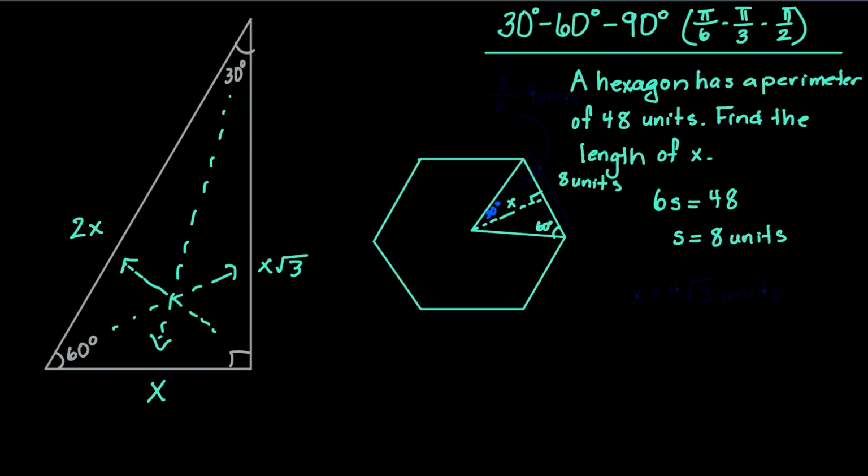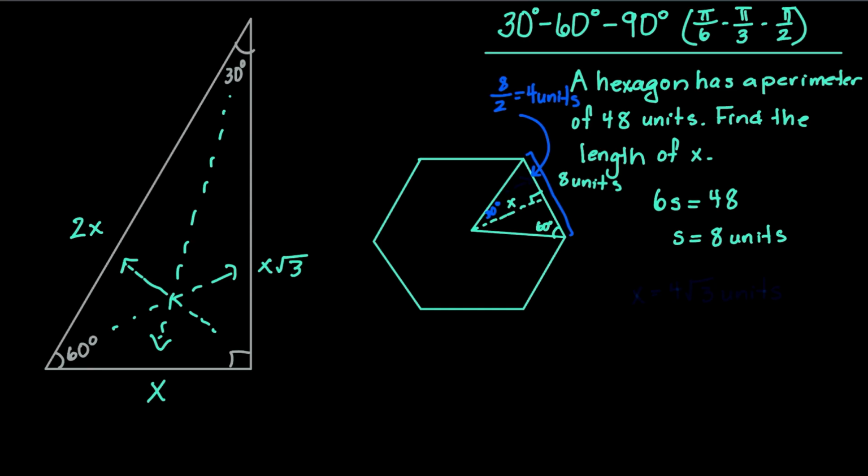Now I know that this bisector splits this length in half. So I know this side here, because there's a bisector there, is 8 over 4, sorry, 8 over 2, which is 4 units.